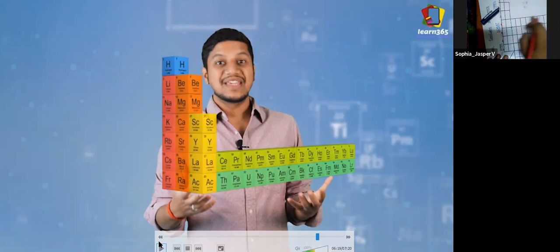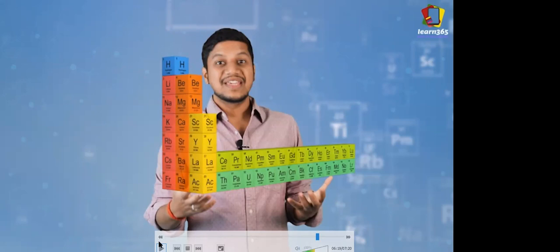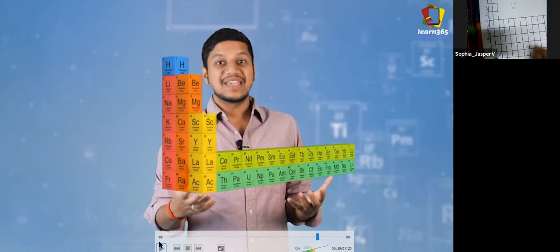Totally how many rows are there? 7. That's right. There are 7 rows in the periodic table. And how many columns? 18 in all. 18 is how they say in the modern periodic table.